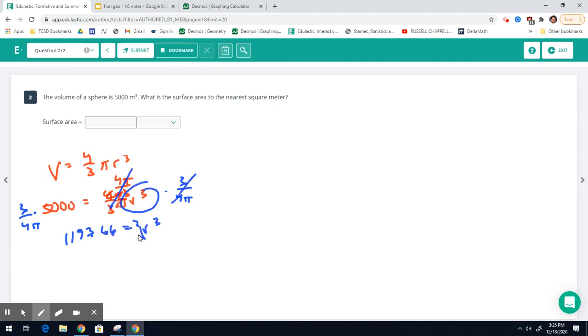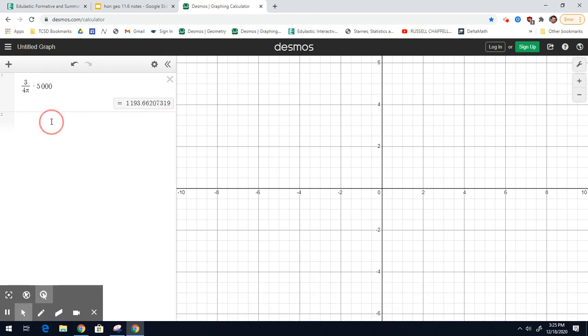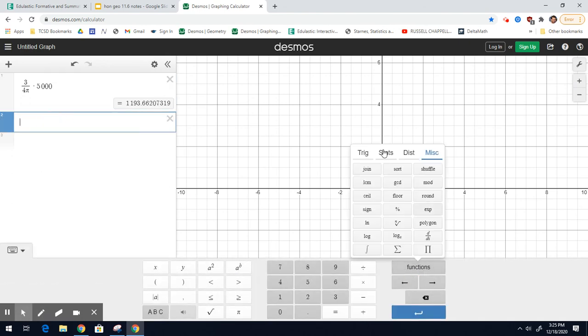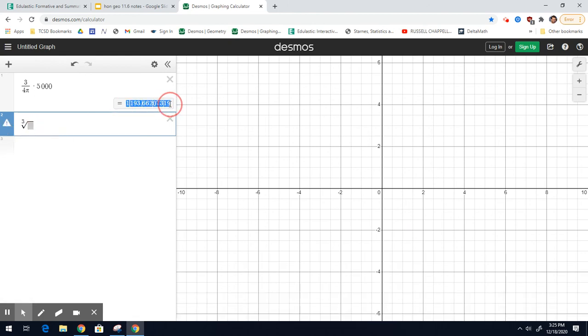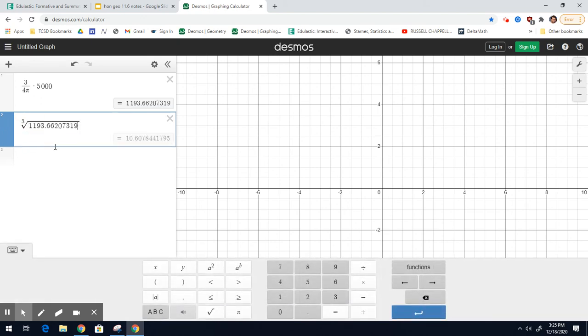So now you must take the cube root of that to get what the radius would be. Let's do that in the Desmos graphing calculator. Remember functions, miscellaneous, nth roots, right there. The nth is 3, and we're going to copy and paste that number right there. Okay, and that is the radius of your sphere.